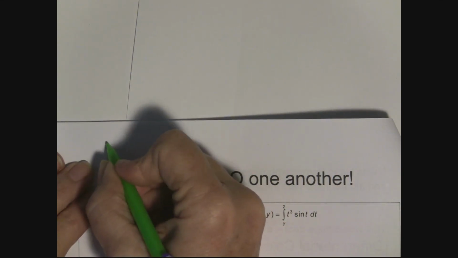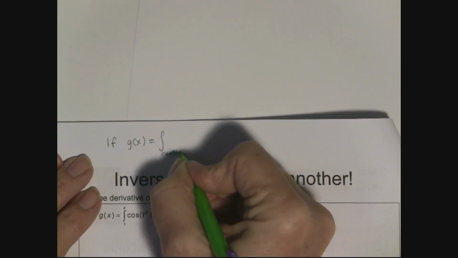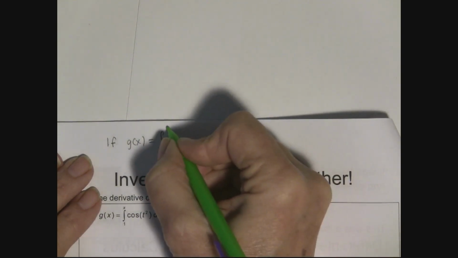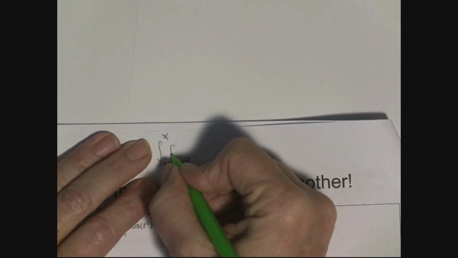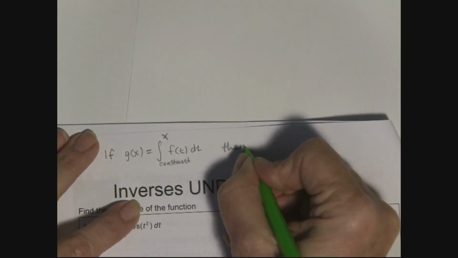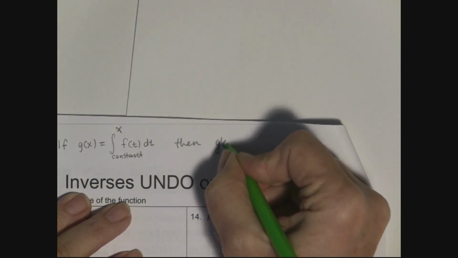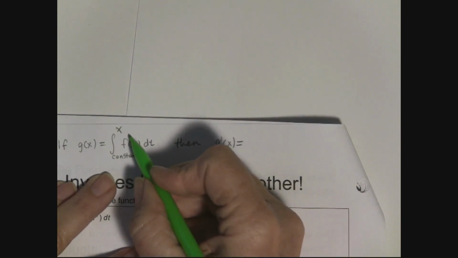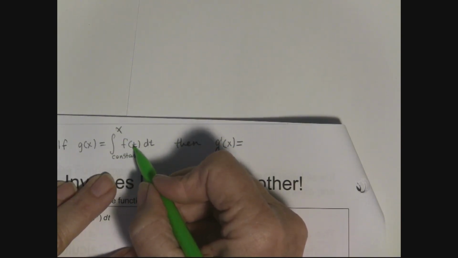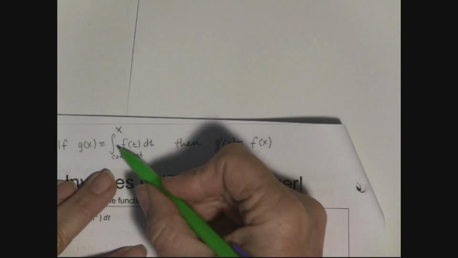It said that if g at x equaled the integral from some constant, I'm going to write a constant down here, that could be 1 or 0 or whatever have you, to x, I'm at the top of the page, and then I have some function f at t, dt, then this is the fundamental theorem of calculus part 1, then the derivative of g is equal to, all I have to do is plug in x into f at x.